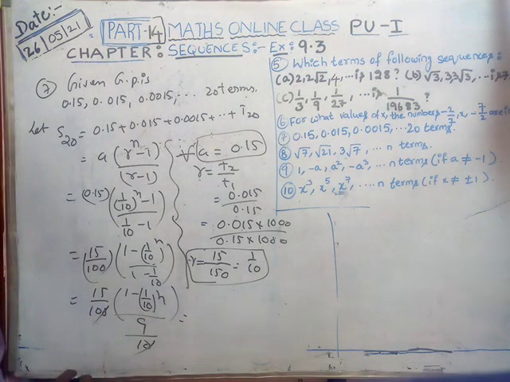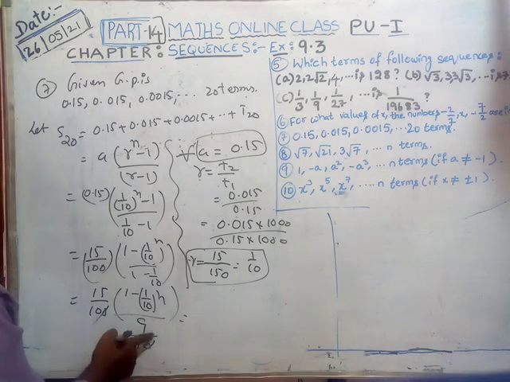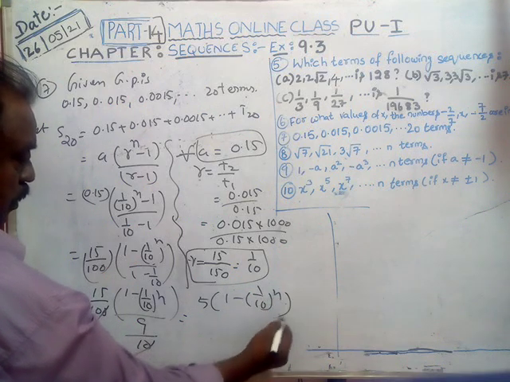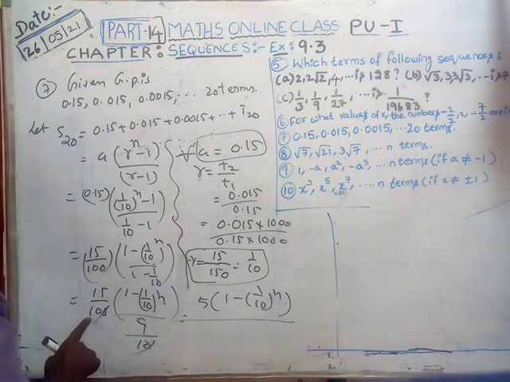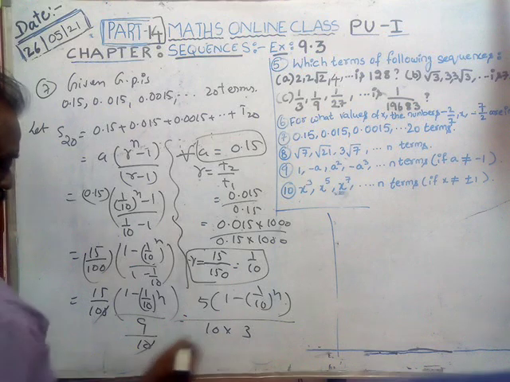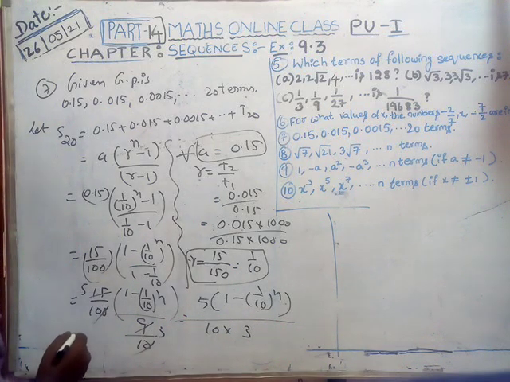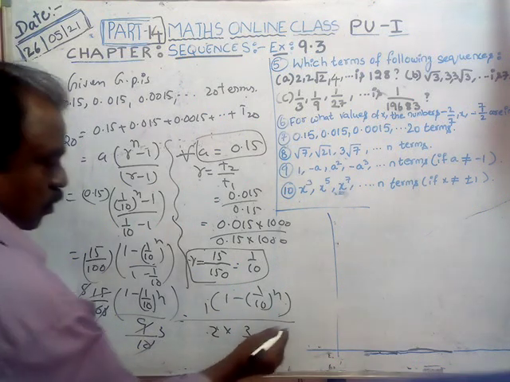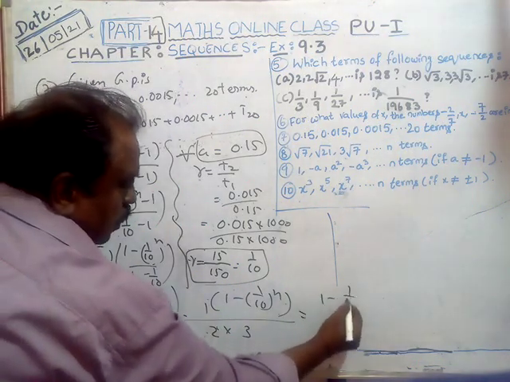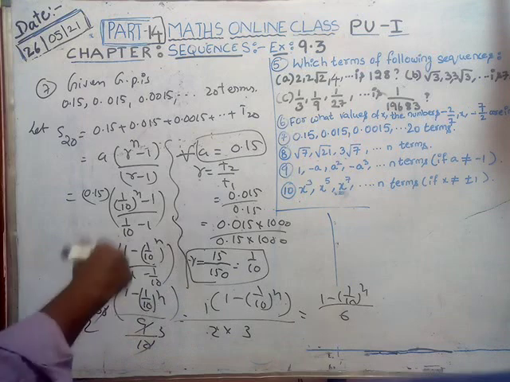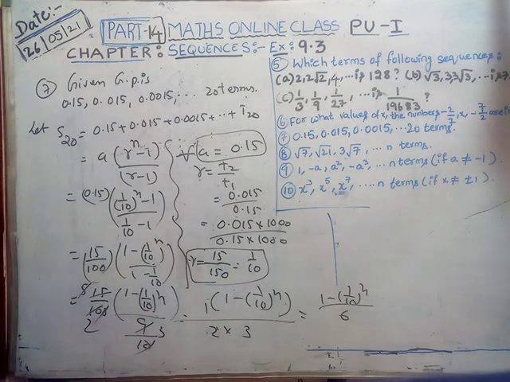The zeros cancel. 3 threes are 9, 3 fives are 15, and 5 twos are 10, don't confuse. So it is 1 by 2 there, and at last it is 1 by 6 of 1 minus 1 by 10 power n.